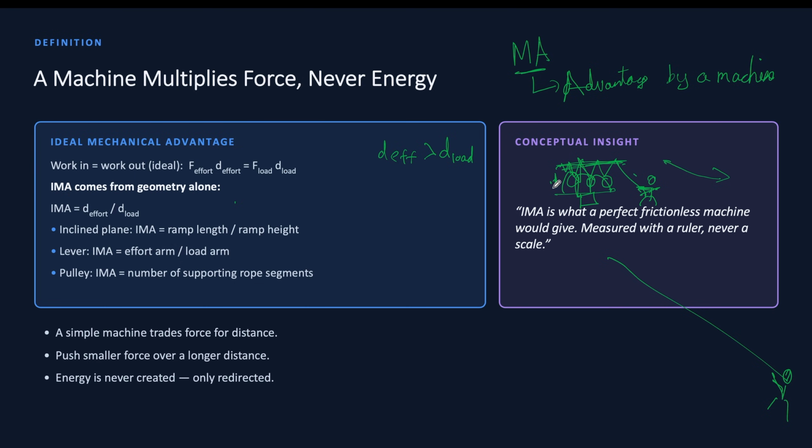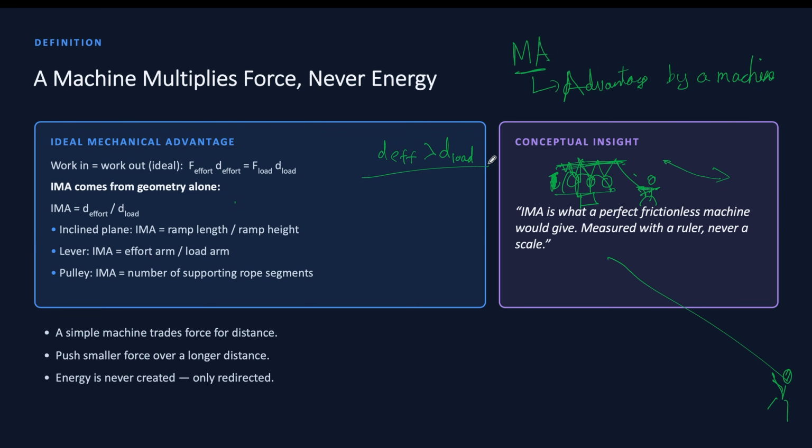So the load itself isn't pulled up by the distance, right? The machine generates the force to pull it up, because you traded force for distance, you pull it longer, and then it trades distance for force, and it uses that force to pull it up. Okay?